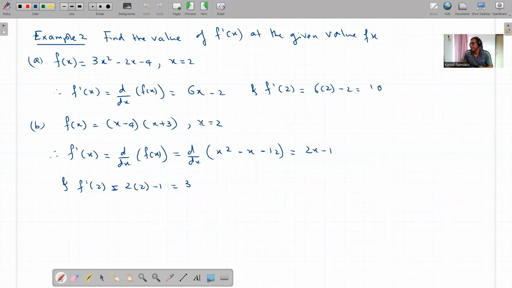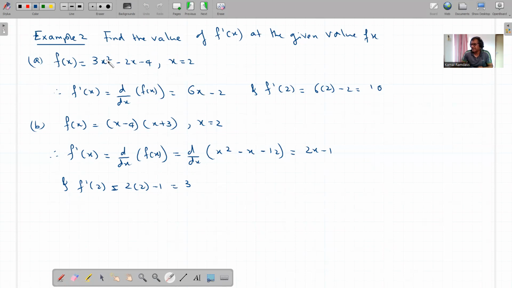Exemple 2. Find the value of the derivative of fx, f prime of x, at the given value of x. Par exemple, f of x is equal to 3x squared minus 2x minus 4 at x is equal to 2. F prime of x, c'est dérivative of fx, d by dx de fx.